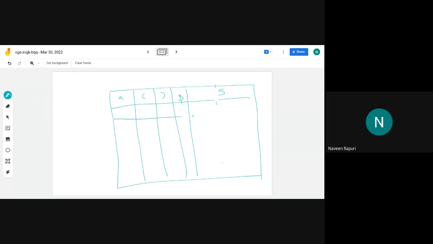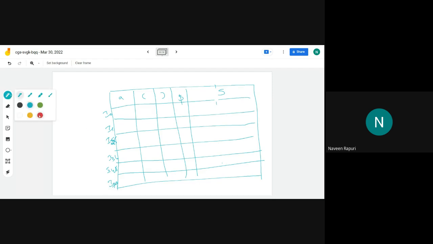So I0, I1, I25, I25, I36, I48, I79, I79. So these are the states.